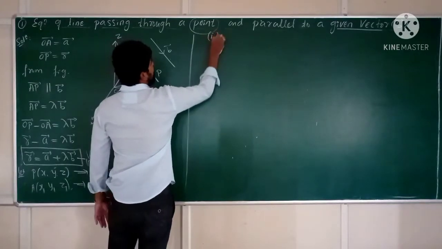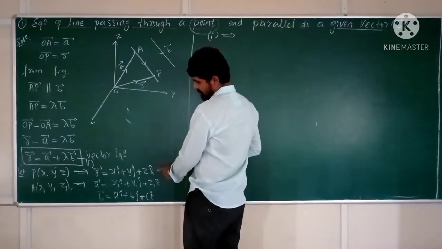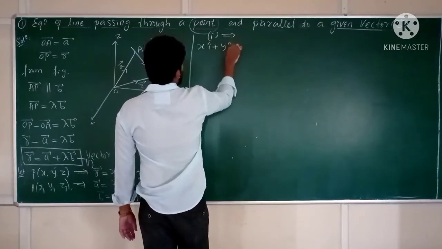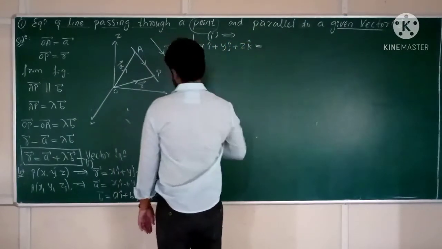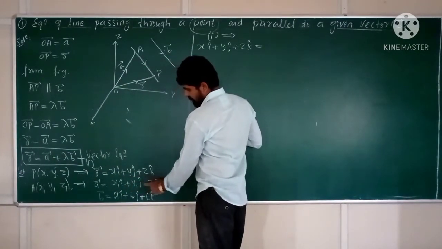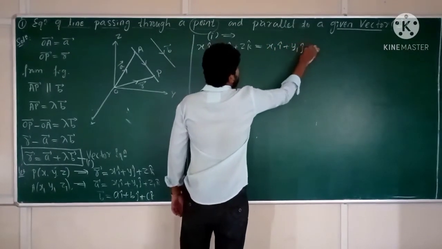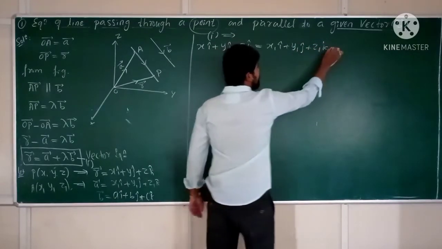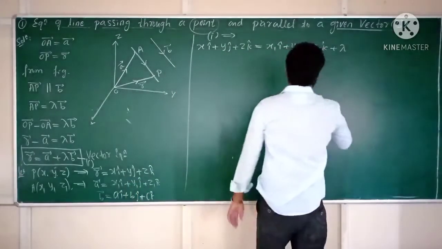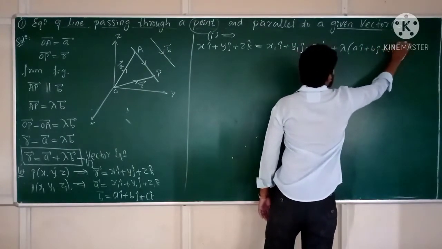So equation 1 implies R vector, that is xi plus yj plus zk, equals A vector, x1i plus y1j plus z1k, plus lambda times B vector, that is ai plus bj plus ck.